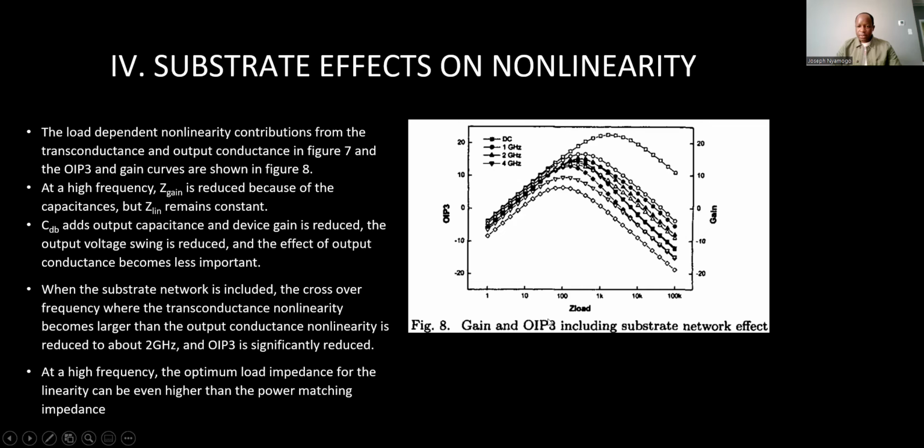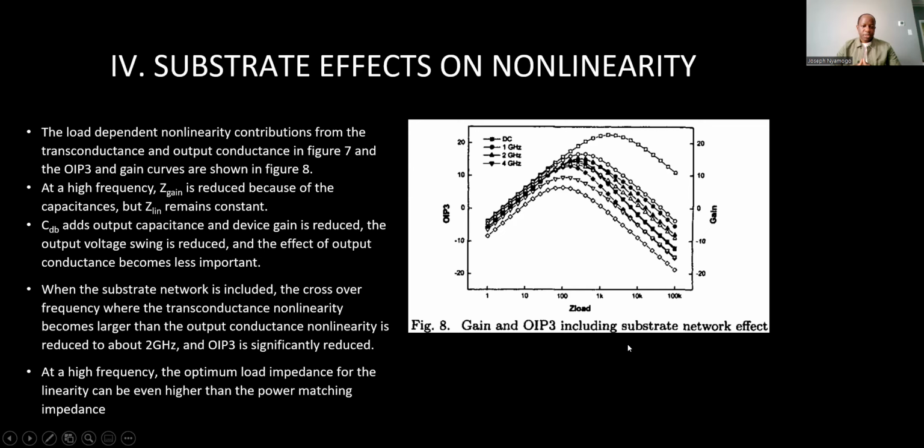Load gain and OIP3, including the substrate network effect. The high frequency gain is reduced because the capacitance of the load remains constant. CDB adds output capacitance and device gain is reduced. The output voltage swing is reduced and the effect of output conductance becomes less important.